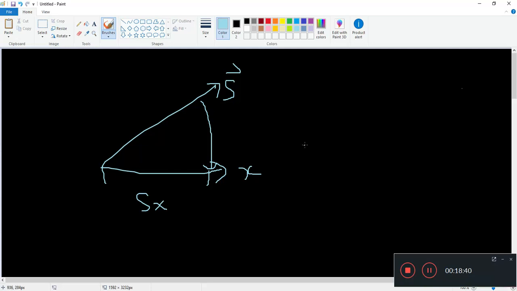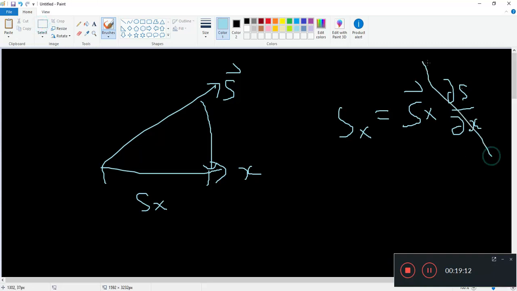So what is this sx, right? Sx equals s hat times the differential of s with respect to x. Right. Sorry, I think I got it wrong.